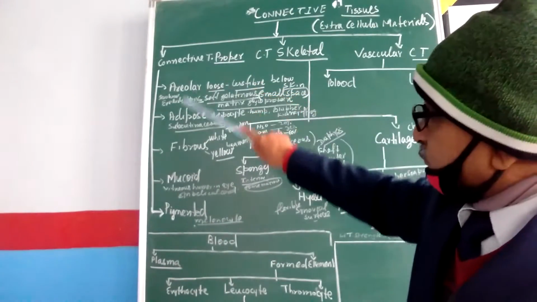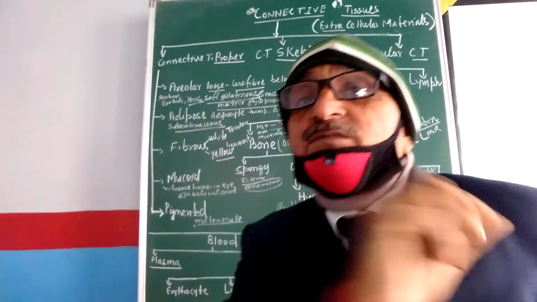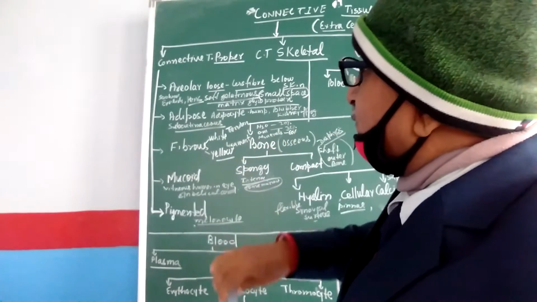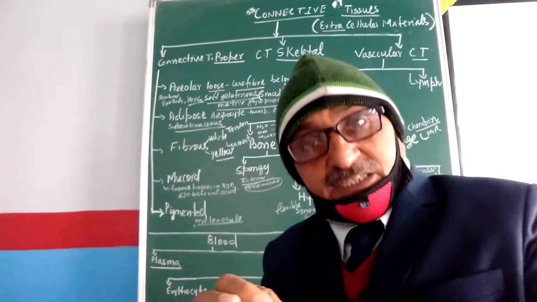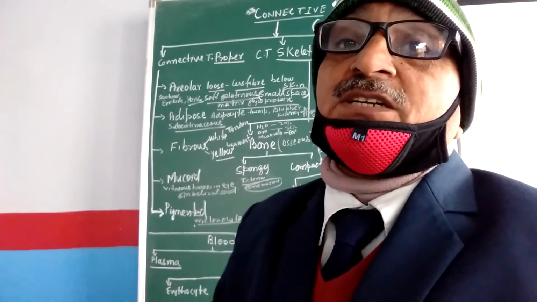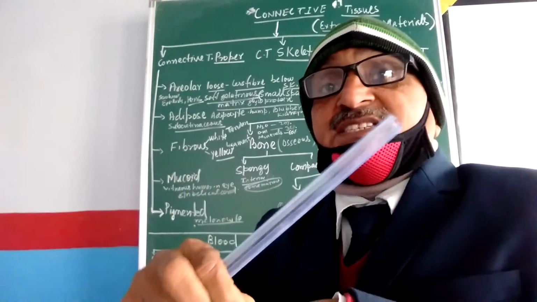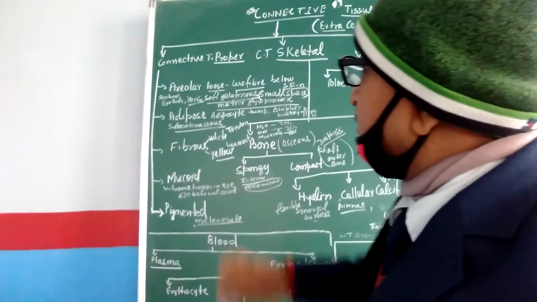proper connective tissue. So, areolar tissue, areola means a small place. Okay, so this type of tissue is found below the skin. It joins the epithelial tissue to the muscular tissue, as we can say that the muscles and the skin are tightly packed by these cells, areolar tissue.